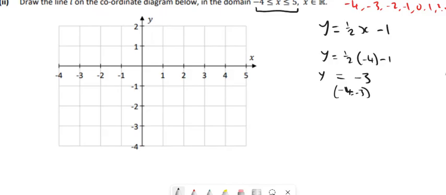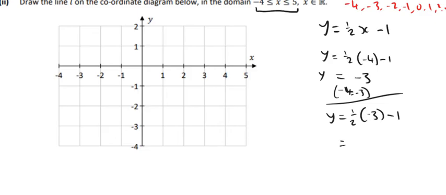Then if you were to put in another one, so we'll just say minus 3 then, so y is equal to a half times minus 3 minus 1, and that would be minus 1.5 minus 1, so that would be minus 2.5.